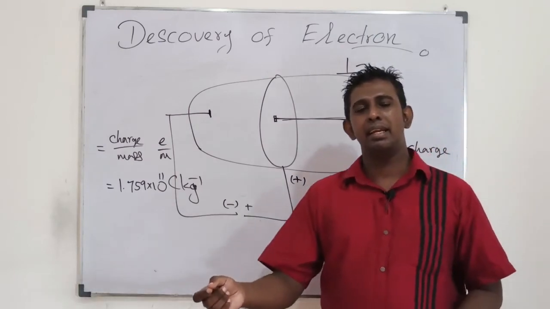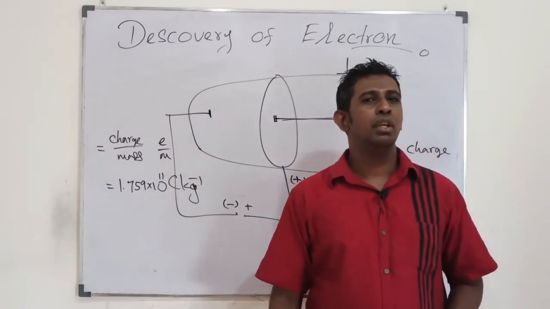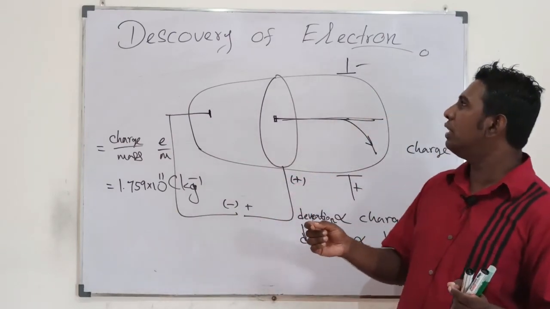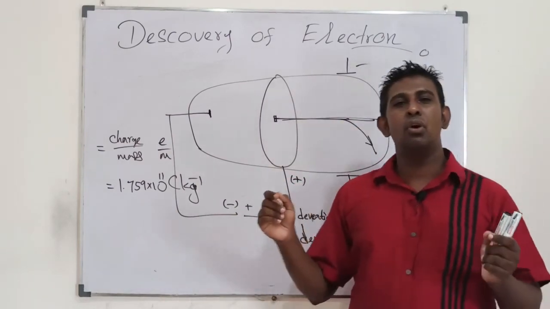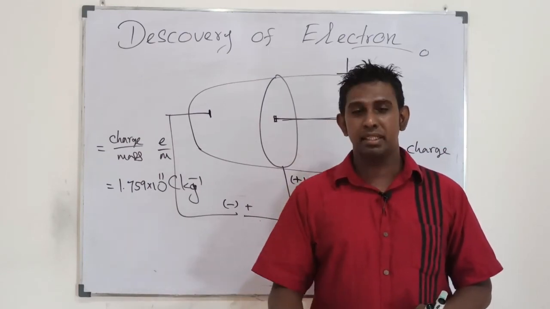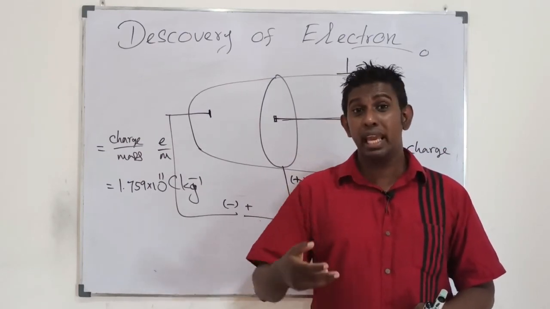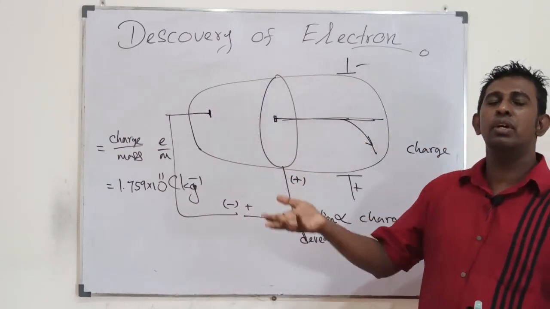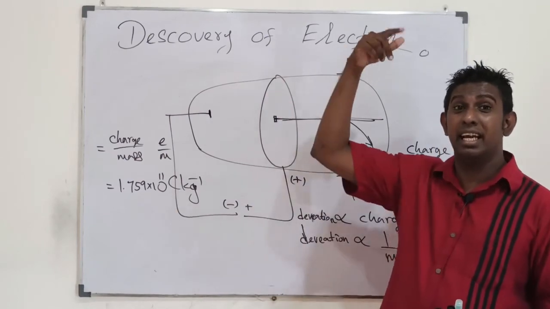So he named that as the electron. When you honor the person who discovered the electron, you need to honor J.J. Thomson. But if it is about who gave the name electron, it goes to G.J. Stoney. It was his idea.